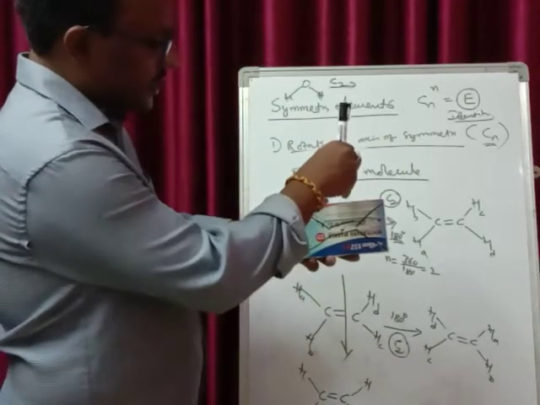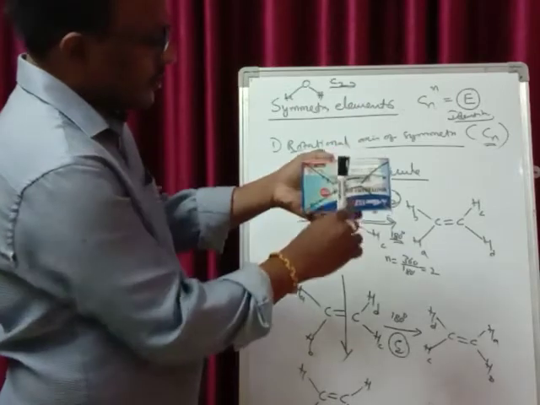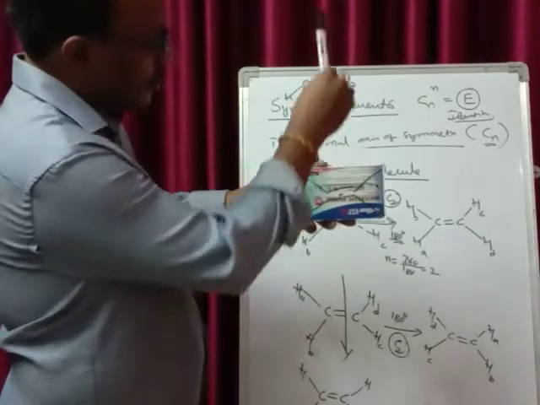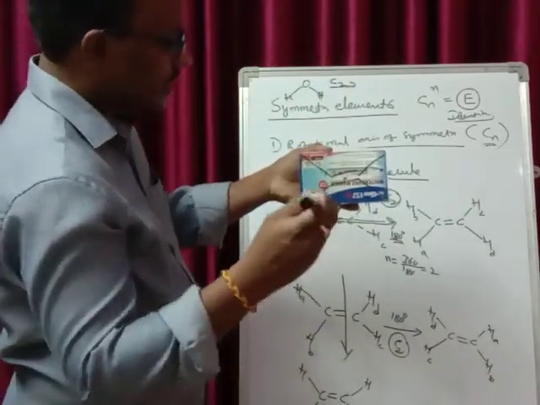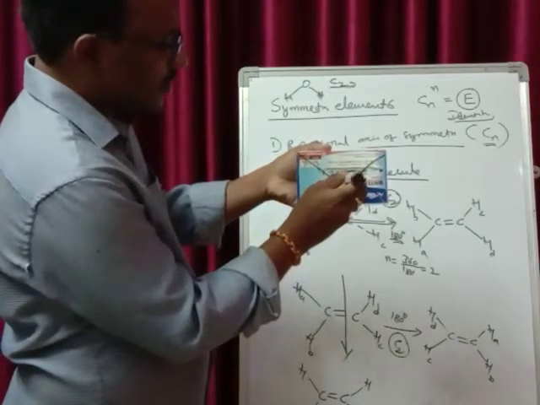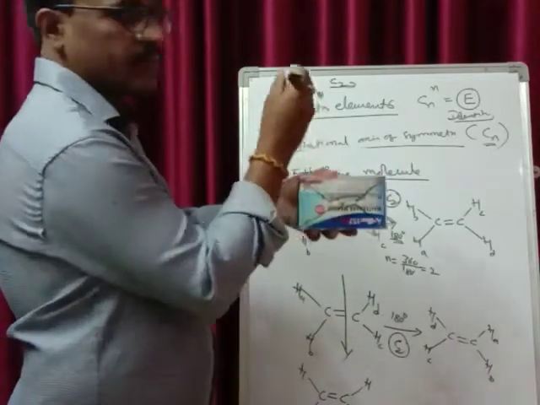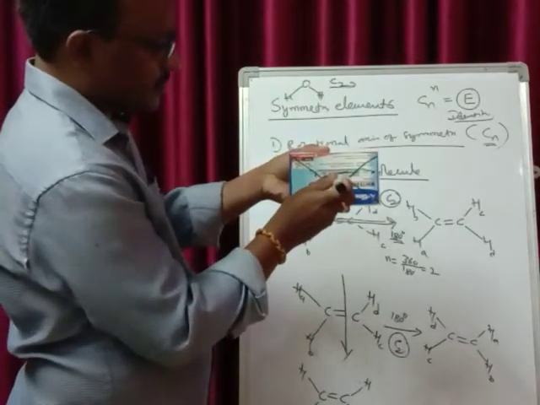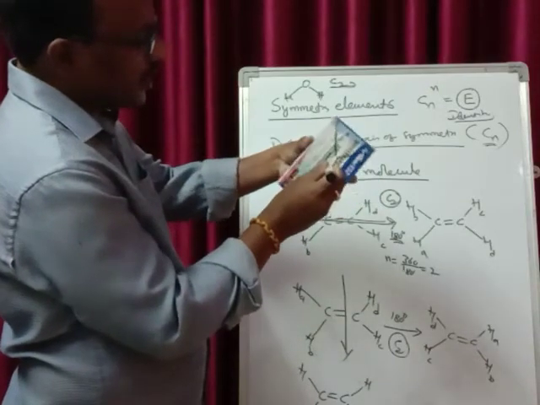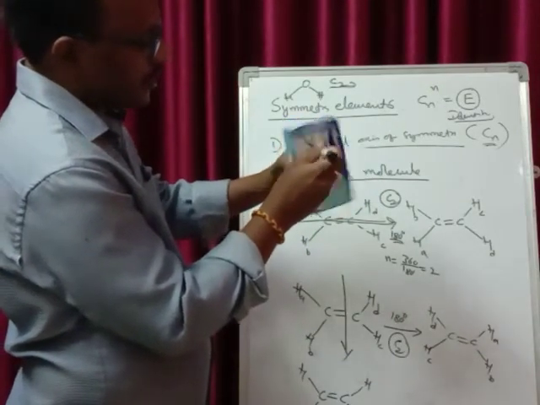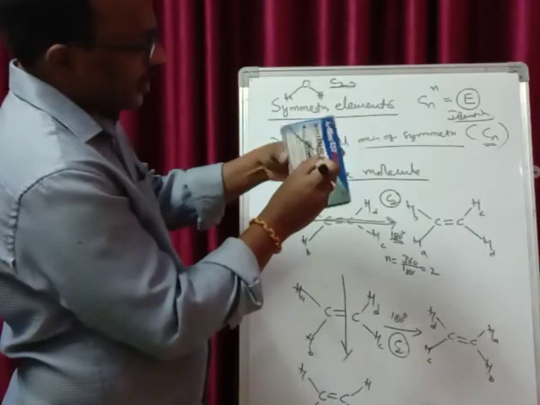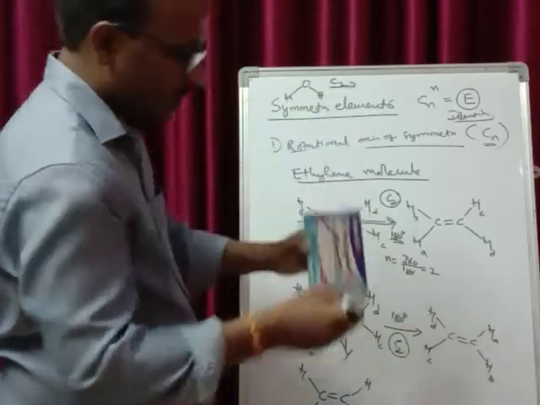In the previous case the axis passed from the top, that is the axis is passing through the double bond from top to bottom. But here the axis is passing through the front of this double bond to the back. The axis is passing through the center. Now you are rotating this by 180 degrees like this. It is giving you what? An equivalent structure.